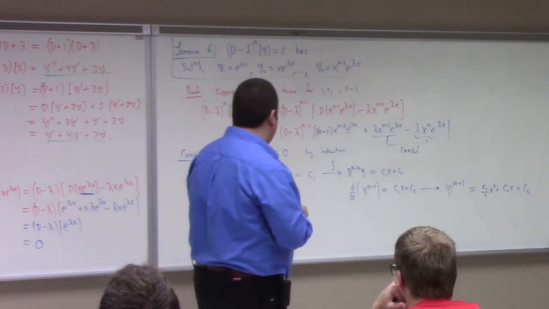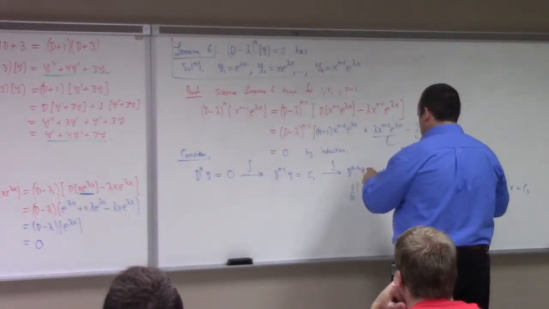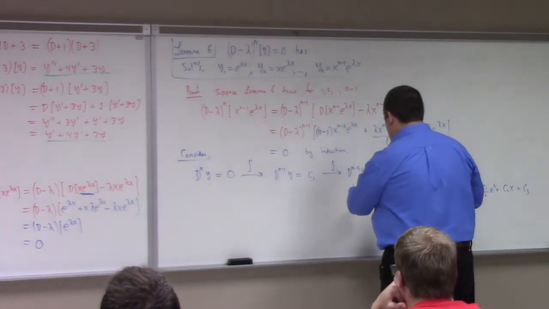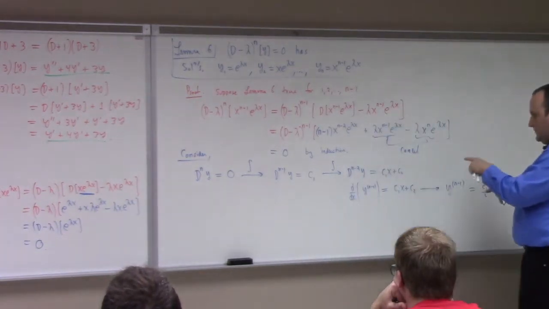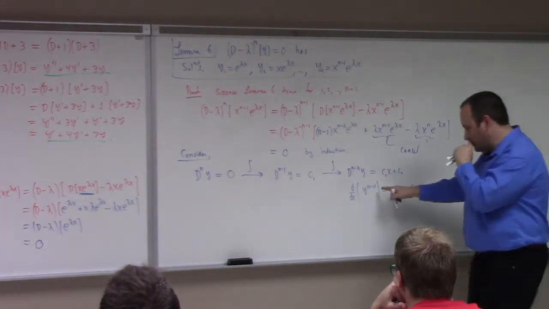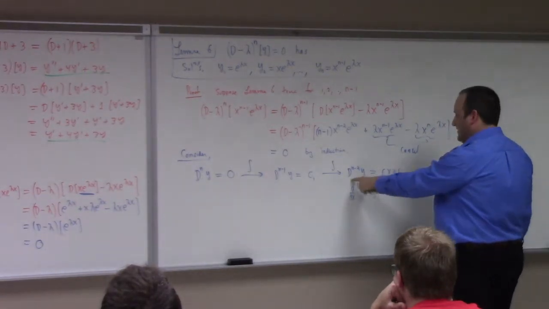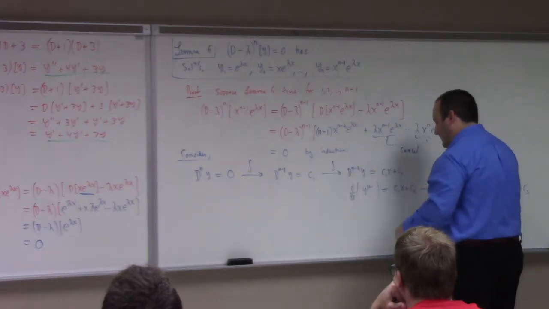I think I haven't gone far enough down yet. That should have been what? You guys should call me on this. What's this here? This should be what? Not n minus 1. I have d to the n minus 2 up here. It should be 3, right?